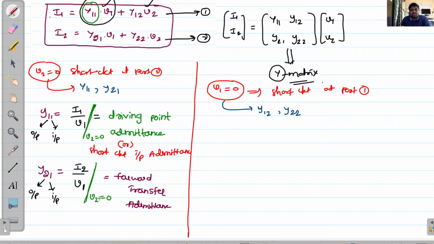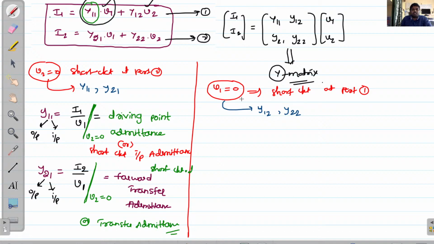By making short circuit only, we will get these y parameters. So that's why some textbooks use forward short circuited transfer admittance. Otherwise, in general, you can use transfer admittance. That is also no problem. Why? Because this is a 1 to 2 transformation, so that's why I'm using transfer admittance.